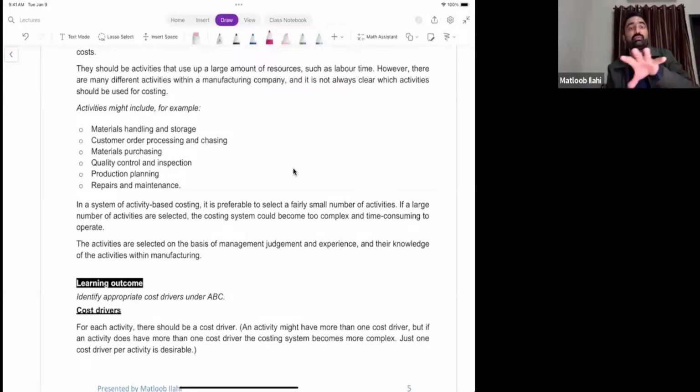You need to repair, you need to offer service, and this is also costly. So, in short, I hope you have understood that different types of activities are performed within the business, and activities consume resources.